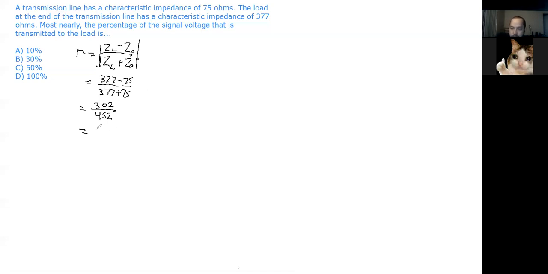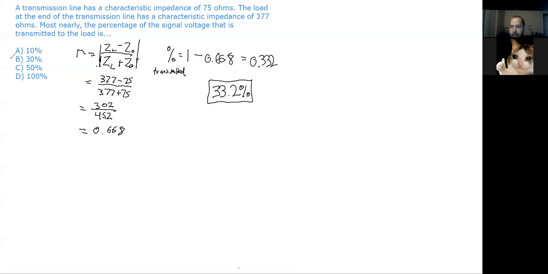So that's about 0.668. So then the percentage transmitted would be basically 33.2%. So closest we're going to get is B for this problem.